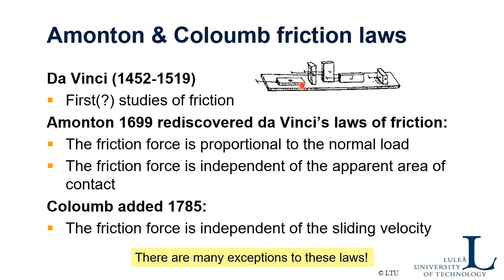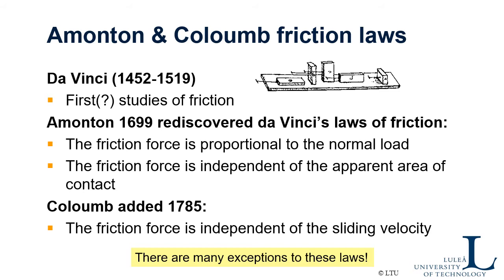It must be the same type of surface on all sides, but it could be a box made of some wood or something, approximately the same type of surface everywhere. So then it's independent of the apparent or nominal contact area. This is not perfectly true, but to start with, it's a friction law that is useful in many ways.